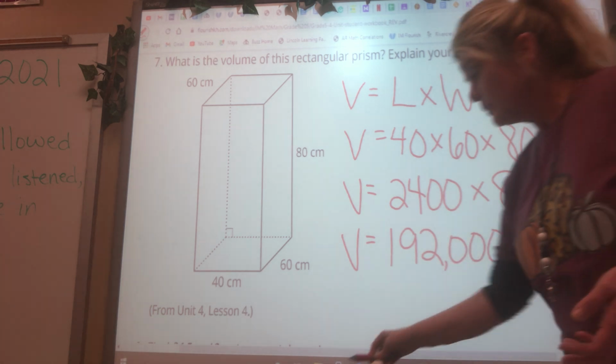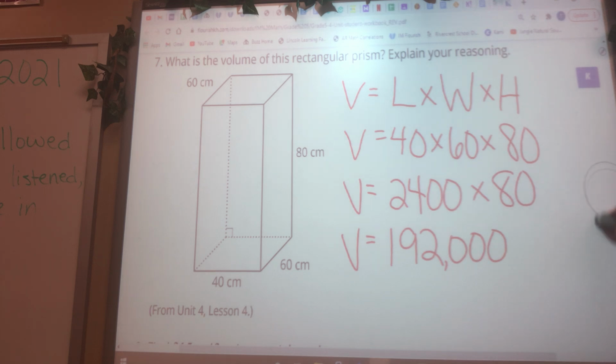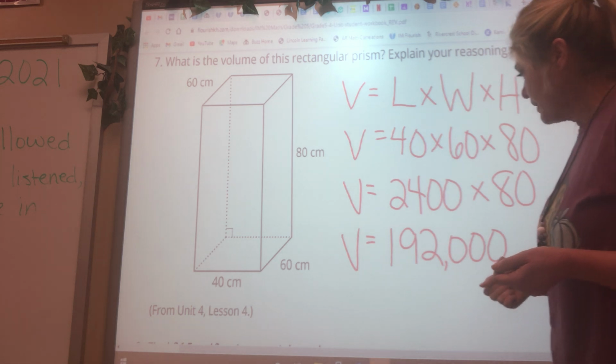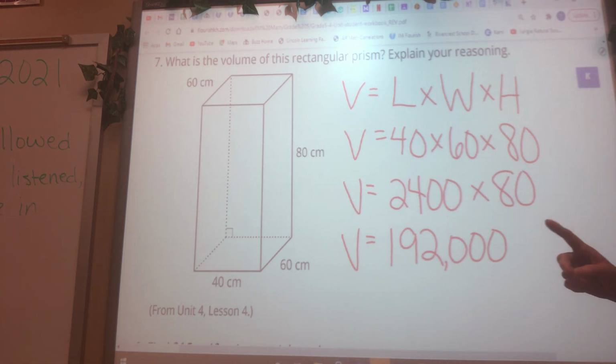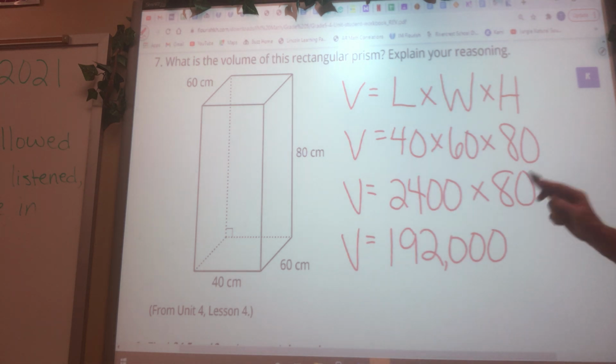So when we're dealing with multiples of 10, it really saves us some time, doesn't it? It saves us a lot of time when we know that multiples of 10 math. Okay, now, my answer's not complete yet. We were dealing with volume. Don't forget, when you're dealing with volume, you're going to have to label.